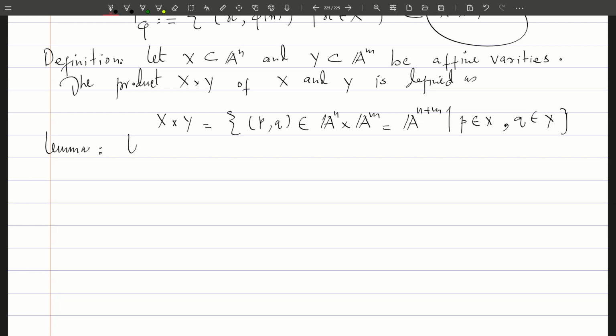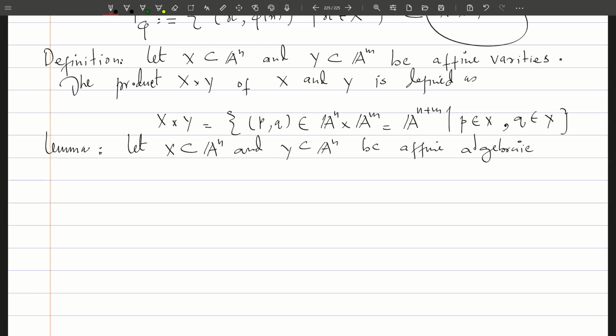Let X be in A^n and Y in A^m be affine algebraic sets. Now by algebraic set we mean that X is the vanishing set of some ideal.